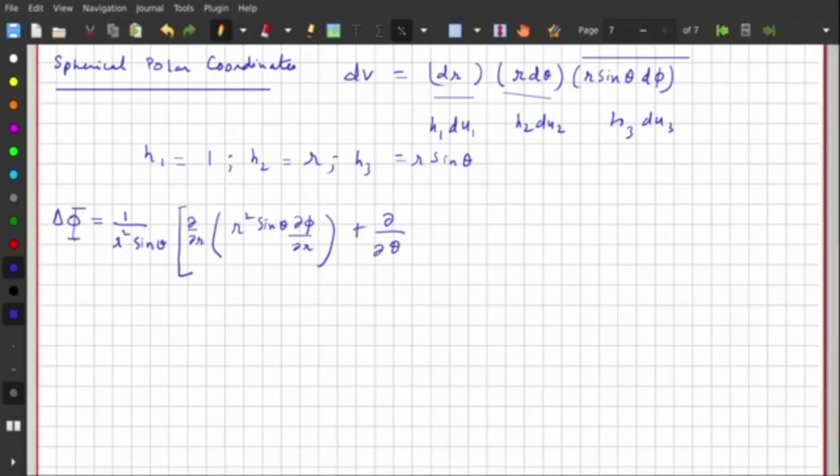Because we are also using phi for a coordinate variable, let's use capital Φ as the function here to prevent any confusion.